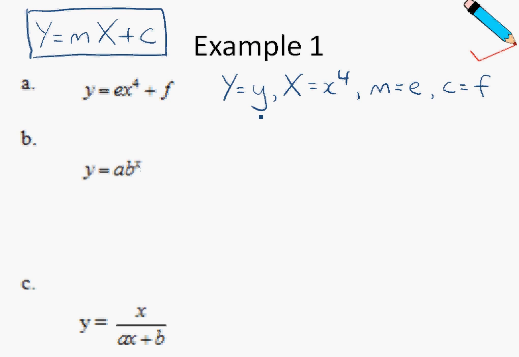Now in the second example, I have to do some transformation. You realize that over here my power is x, so I will transform by introducing common logarithm, common log, or lg for short. So lg y, or log y, equals log of ab to the power of x.